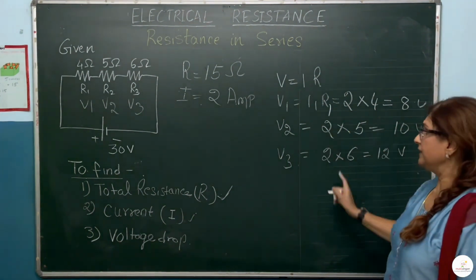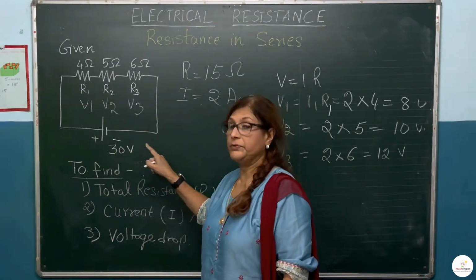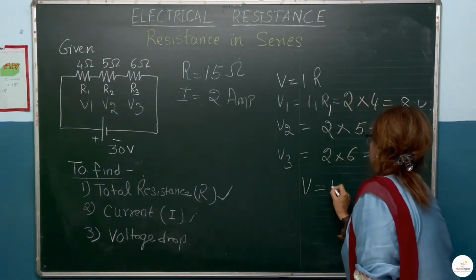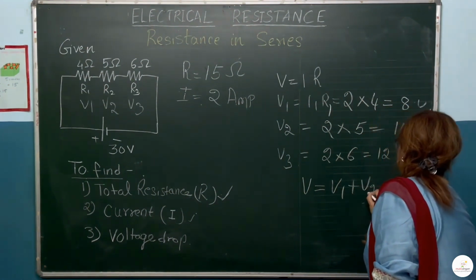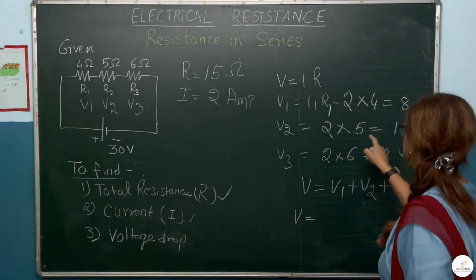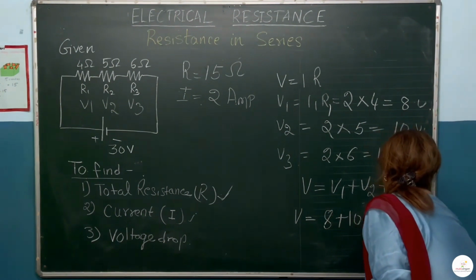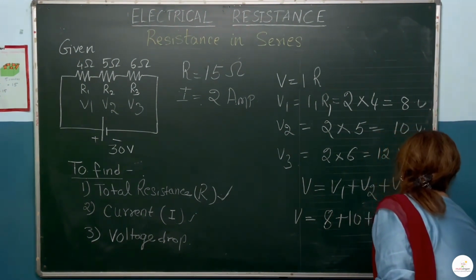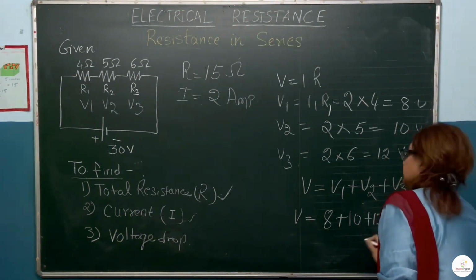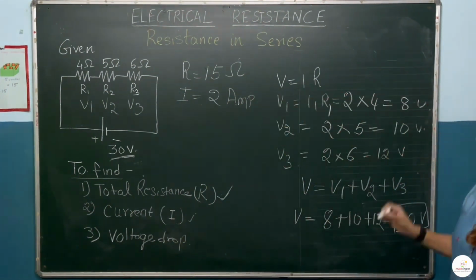So the total voltage drop has to be equal to the total voltage provided initially by the battery. So V will be equal to V1 plus V2 plus V3. So by plugging in the values, we get 8 plus 10 plus 12, that is equal to 30 volt, and this 30 volt is what we started with. So that's how you calculate the voltage drop.